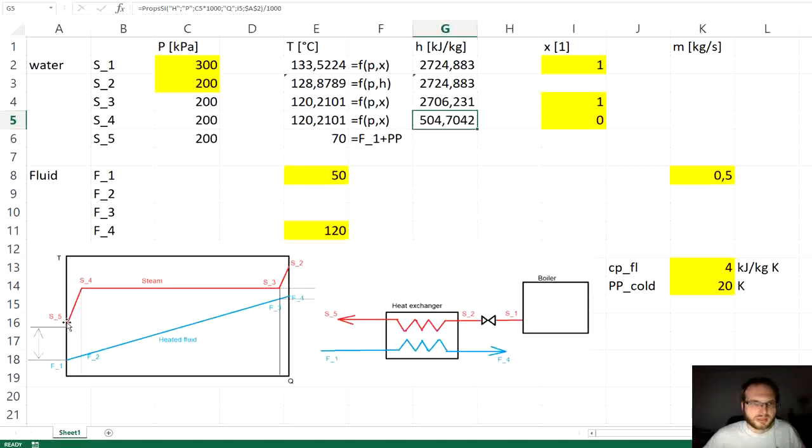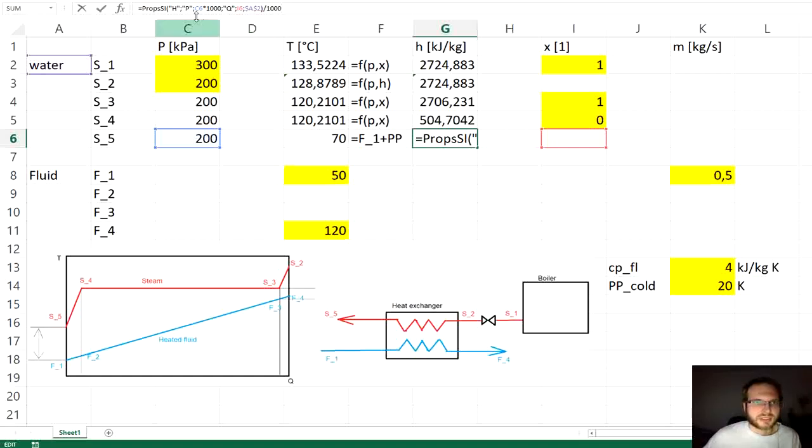And now at the point S5, which is the region of subcooled liquid, we can use the pressure and temperature as 2 independent thermodynamic variables. So again, let's do it like this.